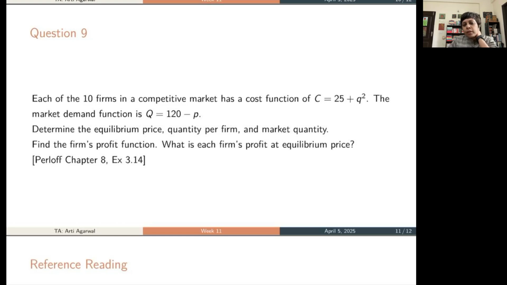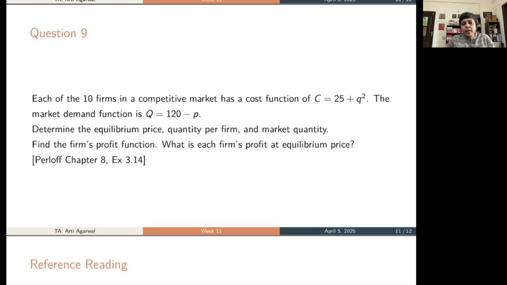Market supply function is going to be nothing but the summation of each firm's supply. So if each firm supplies small qs, then capital Qs becomes 10 times small qs, because we are told that this is a competitive market, and in perfect competition we assume that each firm is exactly identical in your setup. And we're also given that the cost function of each firm is exactly the same.